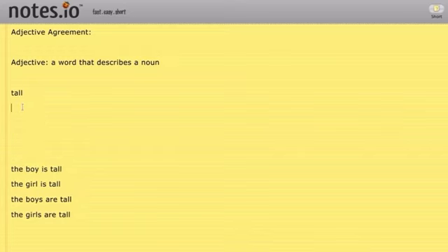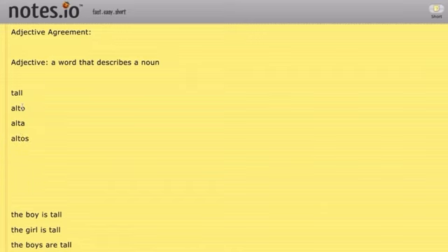Now, the form of tall that we'll be using is alto, alta, altos, and altas. But it depends on what exactly we are talking about. So, if we are talking about, let's say, something that was masculine and singular, such as the boy, it's a masculine thing, right? It's got a male gender, and it is a singular thing.